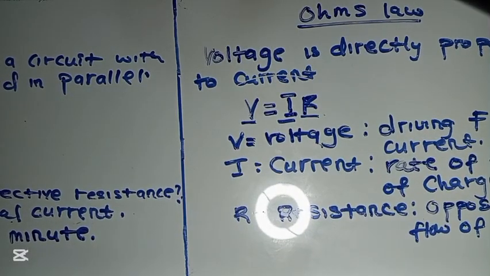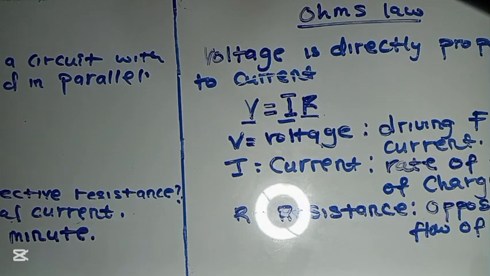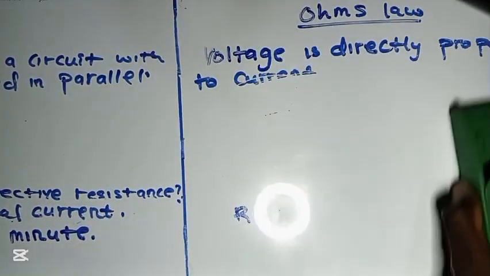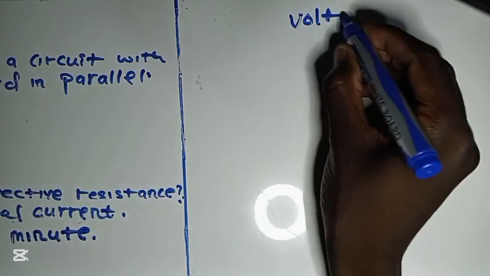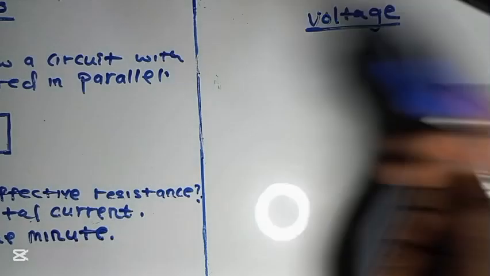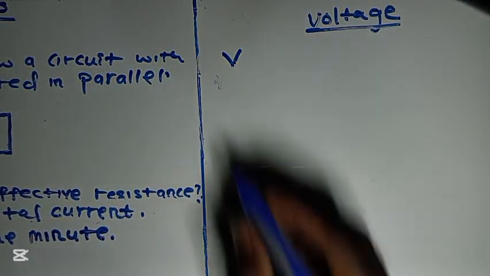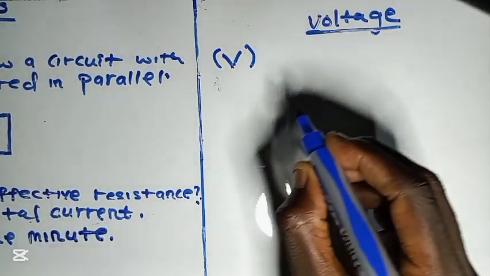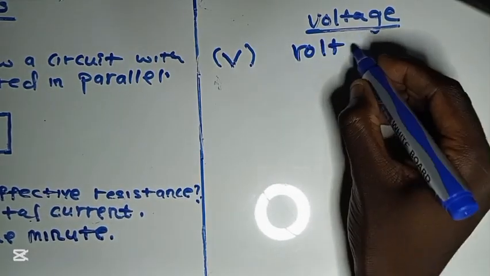Another important thing we want to look at is the units for voltage, current and resistance. To start with, voltage. We have defined voltage as the driving force of current. It is written in symbols as V. The instrument that measures voltage is the voltmeter.